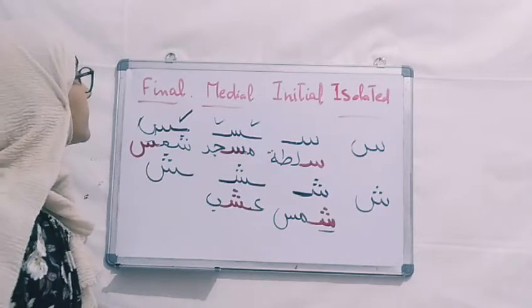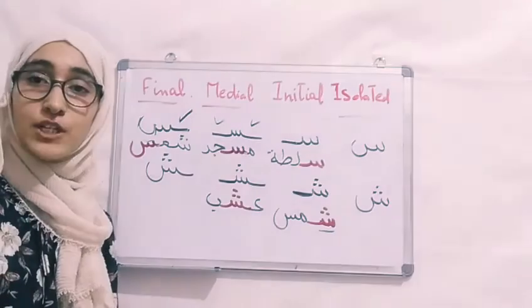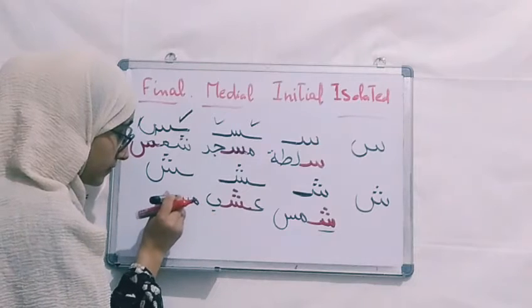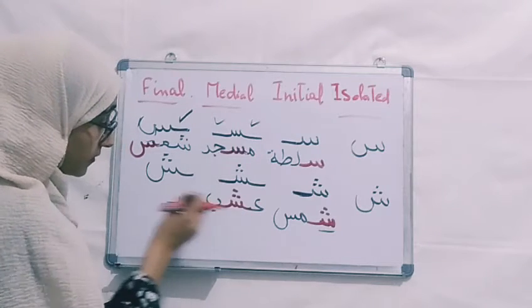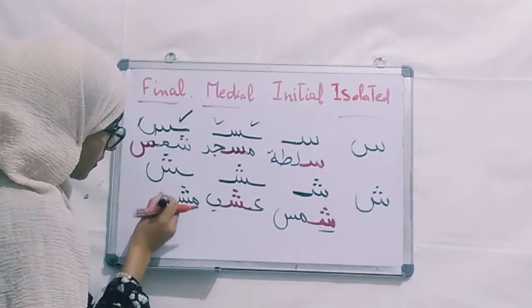And then in the final form we have mishmish. Mishmish means apricot. Also here, sheen in the middle form, mishmish.